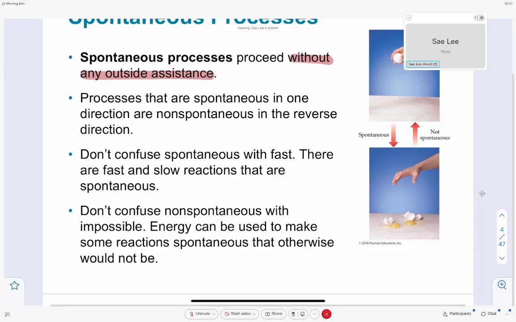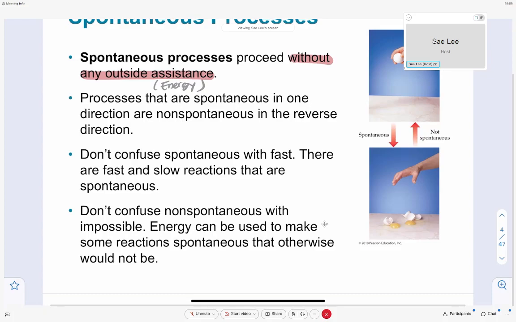Spontaneous means it doesn't need any outside source of energy to proceed. For example, if you drop an egg from your hands, the egg breaks. This is a spontaneous process. Objects rolling downhill is a spontaneous process.